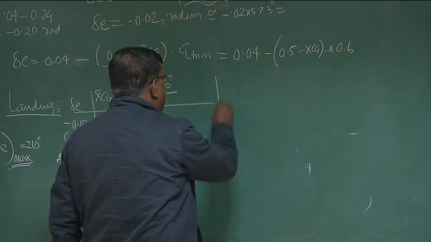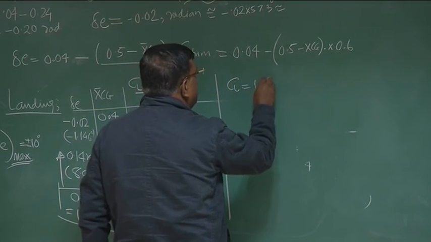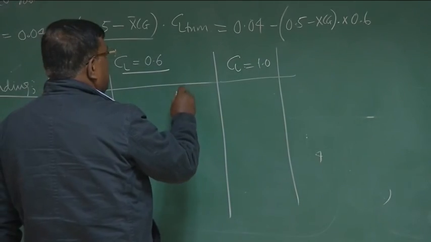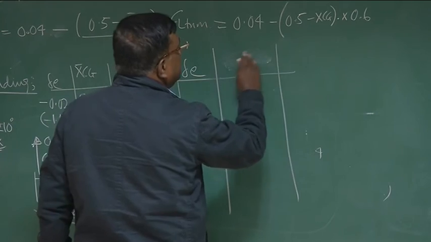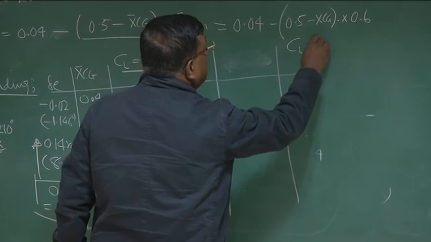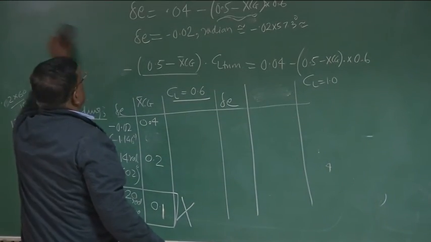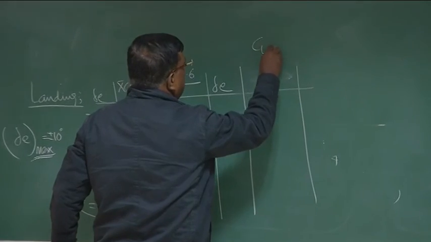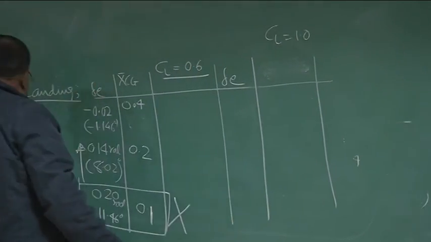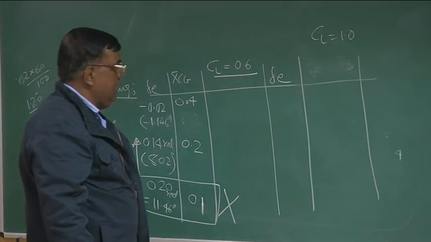Suppose we are doing it for CL equal to, let's say, 1.0 during landing, and I am now trying to calculate delta E. Let me write this here, CL equal to 1.0. Typically these CLs are for landing and takeoff, right? I am talking about landing.